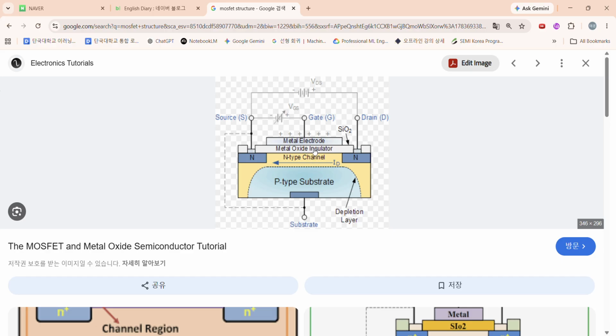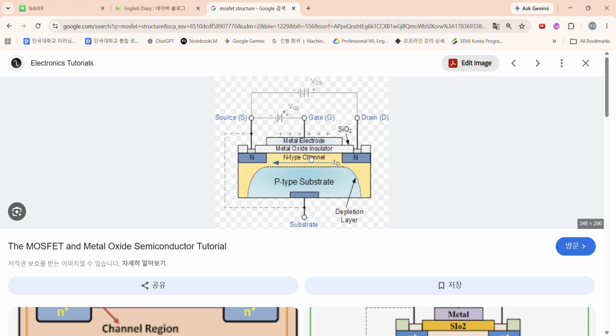But if the insulator's relative permittivity is low, then it couldn't appropriately deliver the gate's electric field. So we need to use a high relative permittivity material for this insulator, but it has a trade-off.